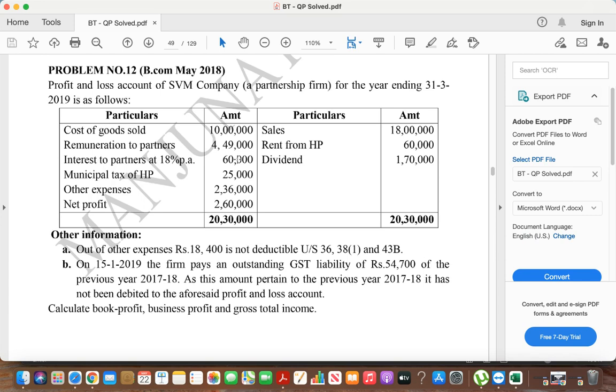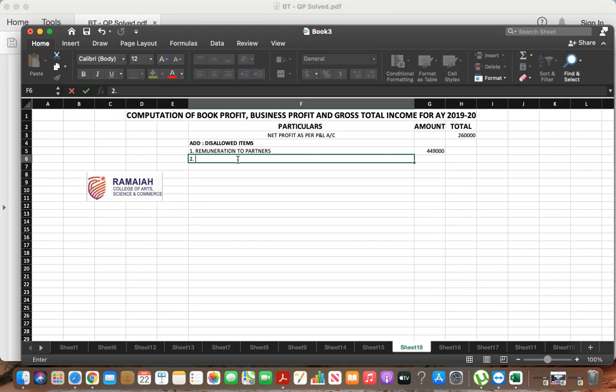Next, interest to partners at 18% per annum. They are exceeding the limit.